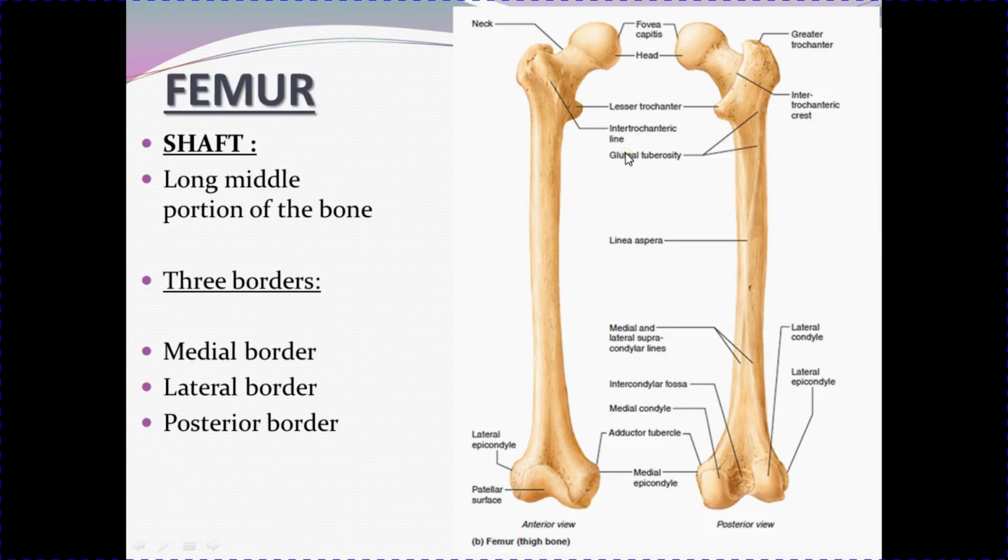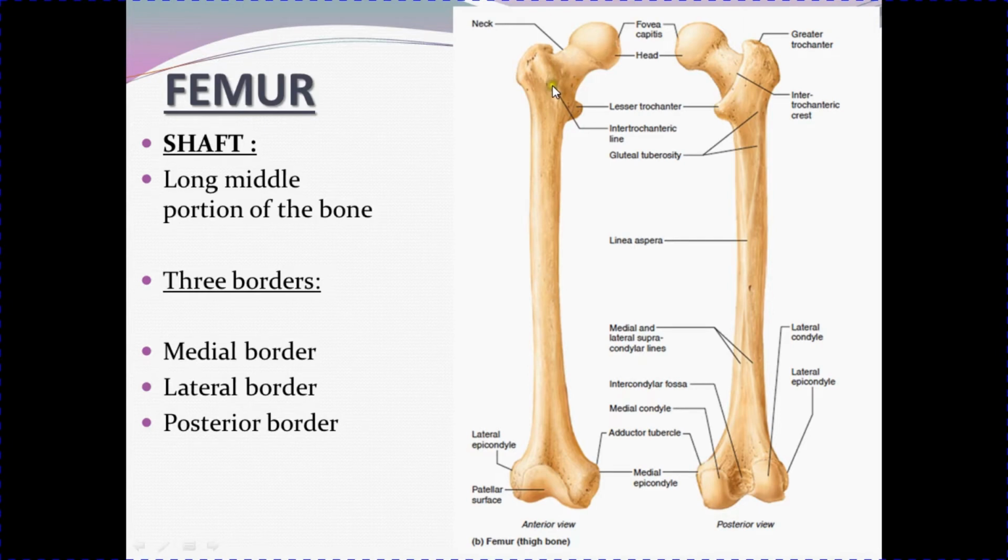Now we have completed the upper end of the femur. We will go to the shaft of the femur, but before we move, we will revise the upper end. The upper end has a head, a neck, greater trochanter, and a lesser trochanter. The head has a small depression called the fovea capitis. It forms two thirds of a sphere and articulates with the hip bone to form the hip joint.